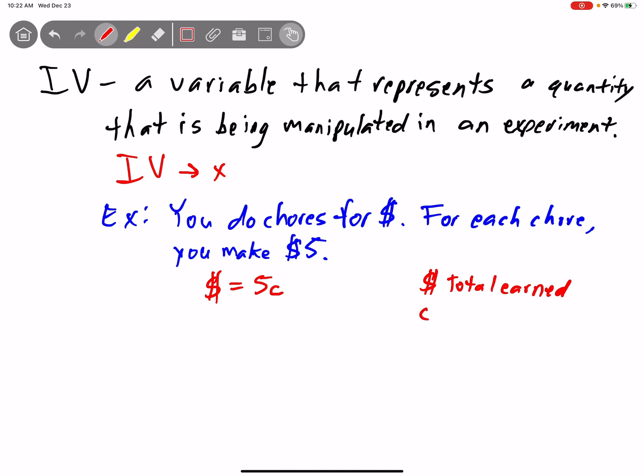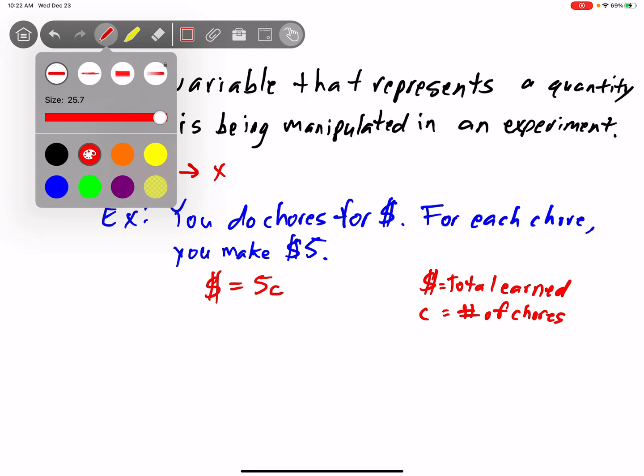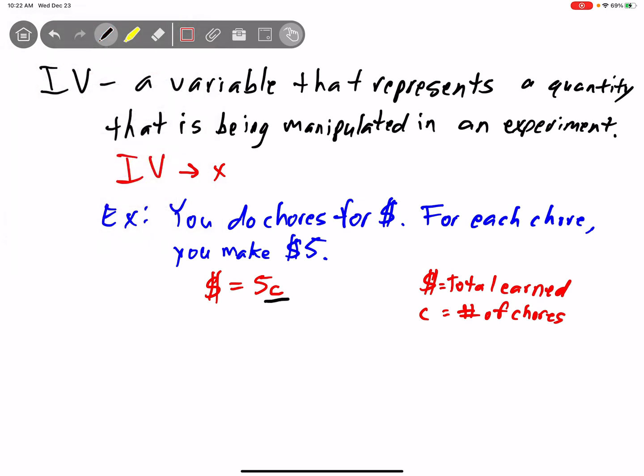And then the C is the number of chores that you do. So in this case, C is your independent variable, because that is the variable that is being manipulated.